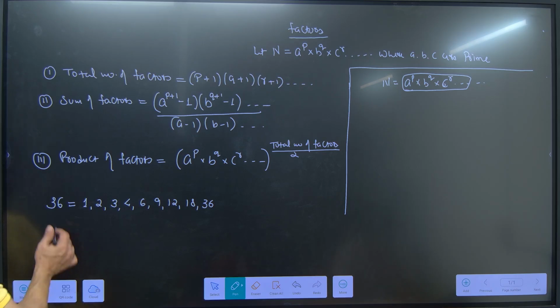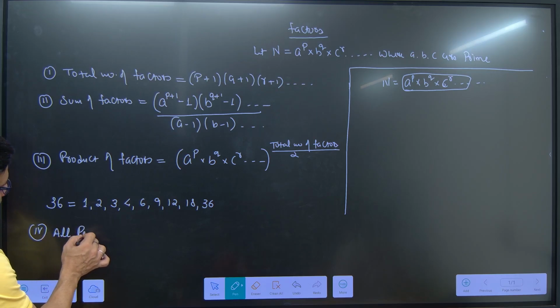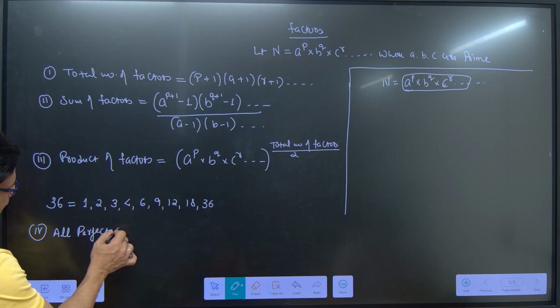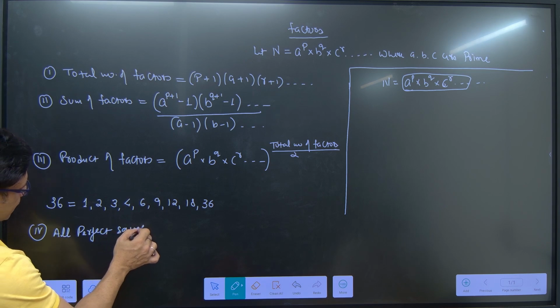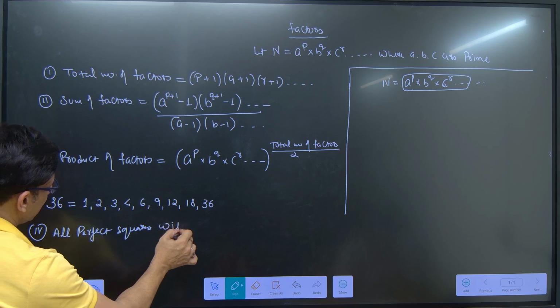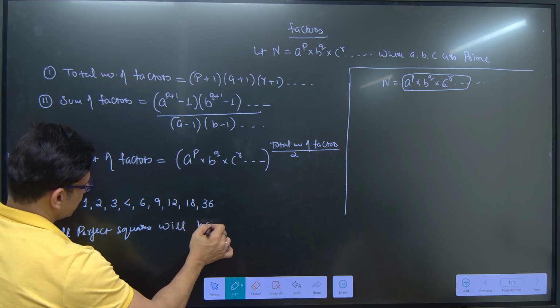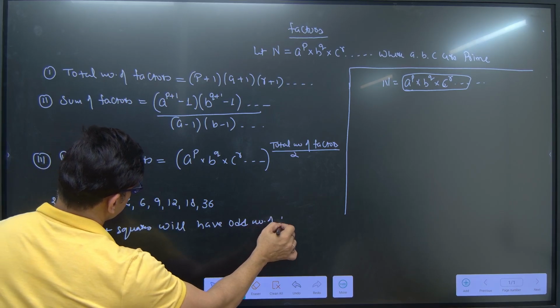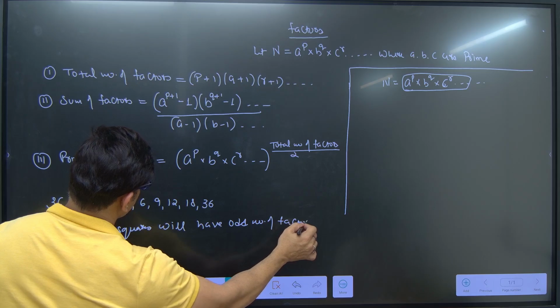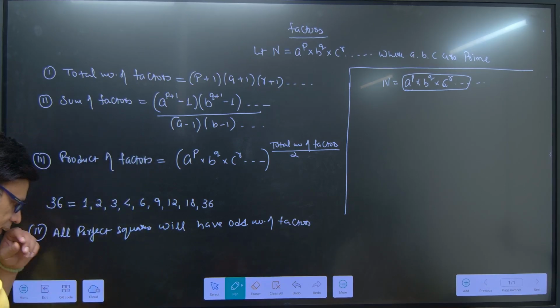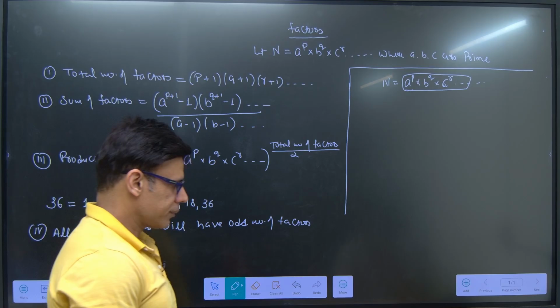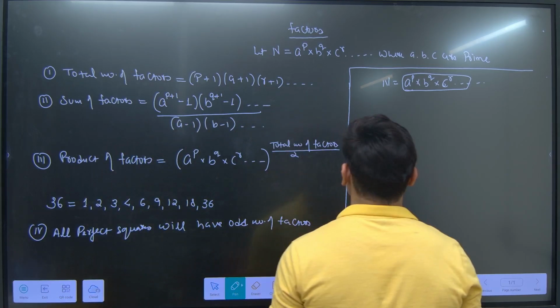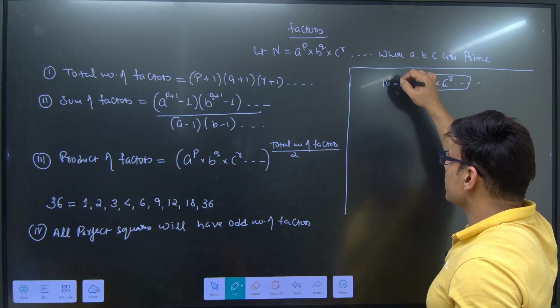First thing, before I proceed further, एक point लिख लेना, all perfect squares will have an odd number of factors, right? All the perfect squares will always have an odd number of factors. पता है reason क्यों?